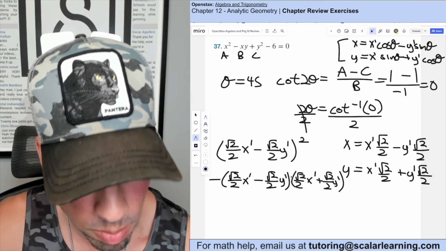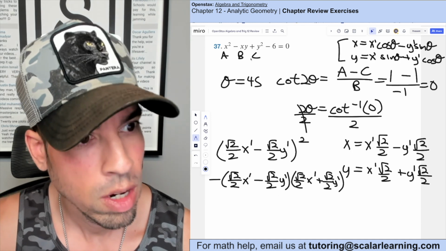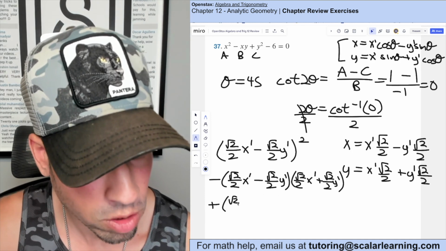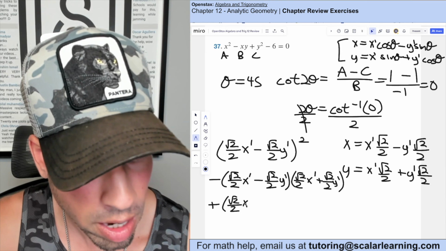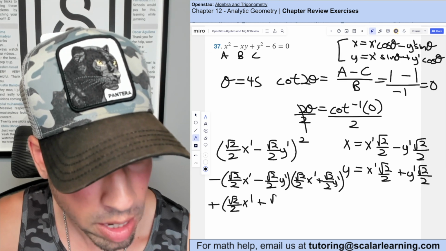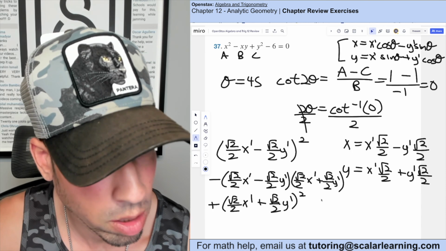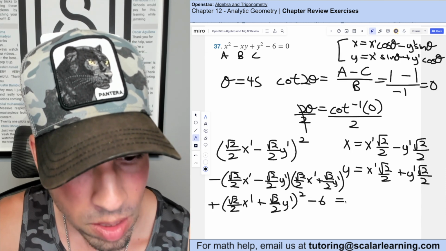You're going to see that's going to work out nicely. It's a difference of squares. And then plus my y squared, which is (rad 2 over 2 x plus rad 2 over 2 y) squared, and then minus 6 is equal to 0.